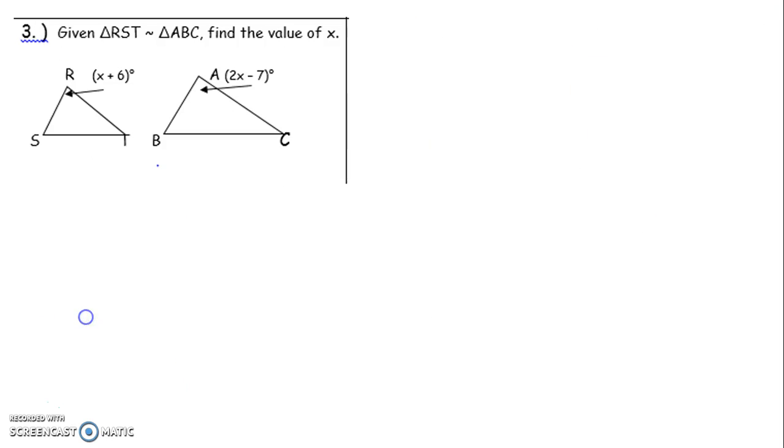Let's move on. Let's take a look at number 3. It says, given the fact that triangle RST is similar to triangle ABC, what is the value of x? Okay, hopefully you know that this symbol means similar. And in similar triangles, corresponding angles are congruent or have the same measure.